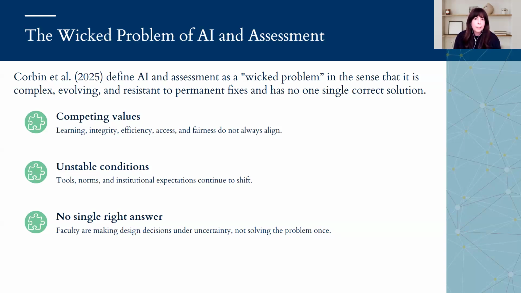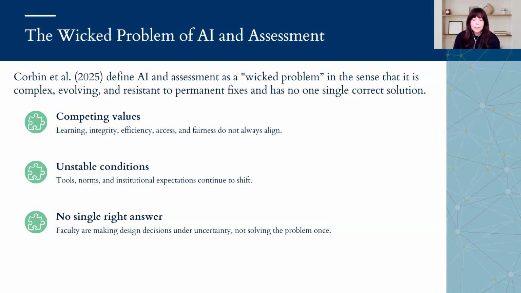So in terms of AI and assessment as a wicked problem, when AI enters the equation into student assessment, we start to see competing values emerging. How do we look at learning, integrity, efficiency, access, and fairness? Sometimes these don't all align perfectly. We often see unstable or competing conditions around things like tool use, institutional expectations and norms, and especially how those continue to shift as technology evolves.